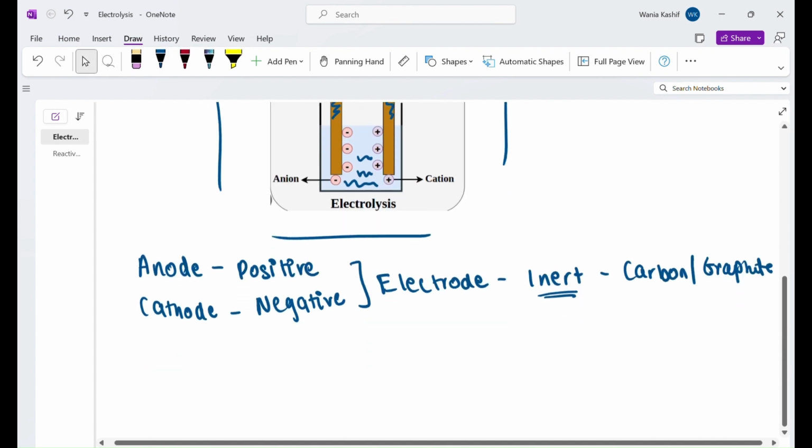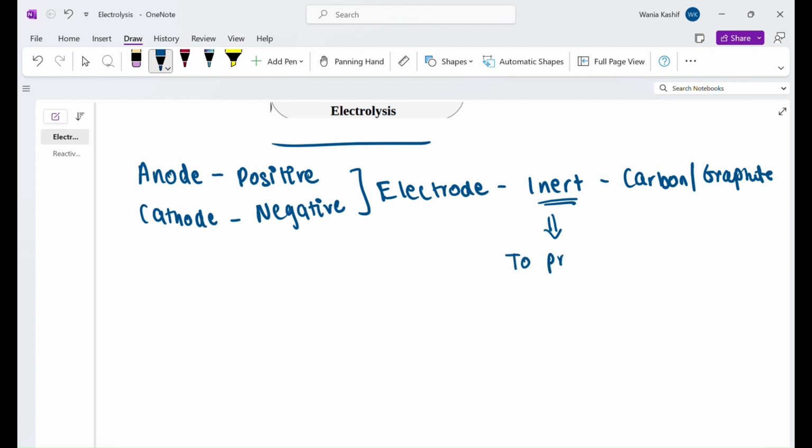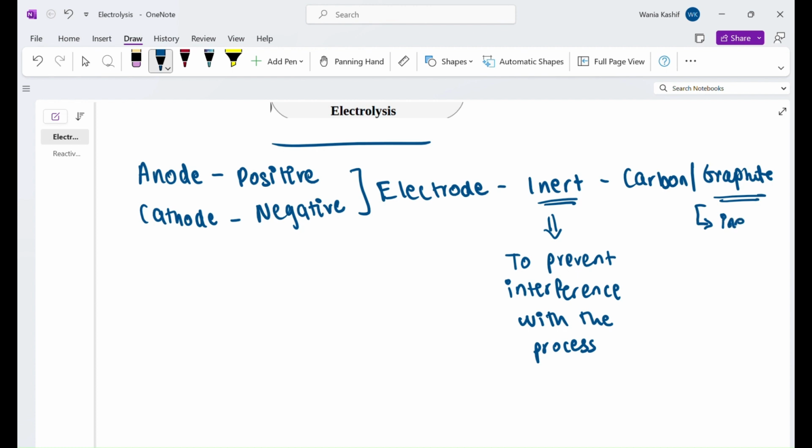It is because you do not want them to be interfering with the reaction, so to prevent interference with the process. And it is a common question for them to ask why you would use graphite as an electrode. So your 2 reasons would be that it is because it's inert and also because it conducts electricity.